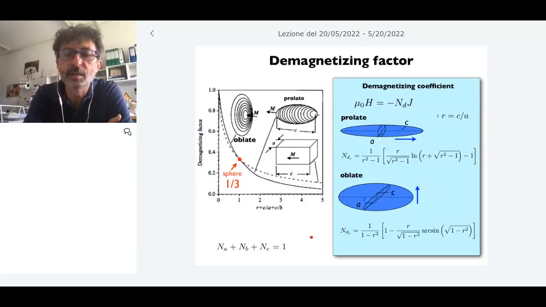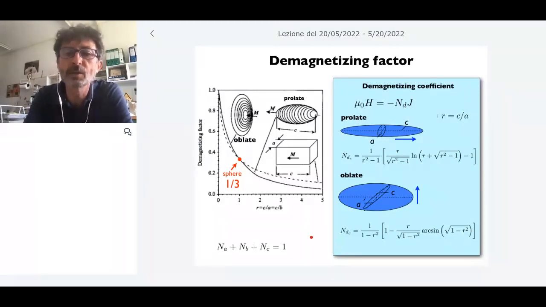This has a lot of consequences, not only on the way we use magnetic materials, but also on the way we measure magnetic materials, especially if we want to measure the intrinsic property, not the property of the object, but the property of the material.